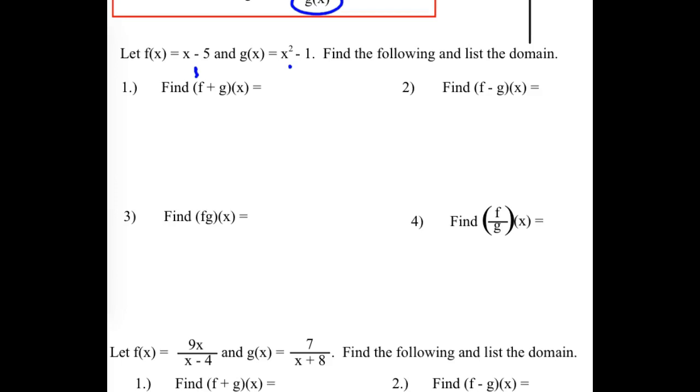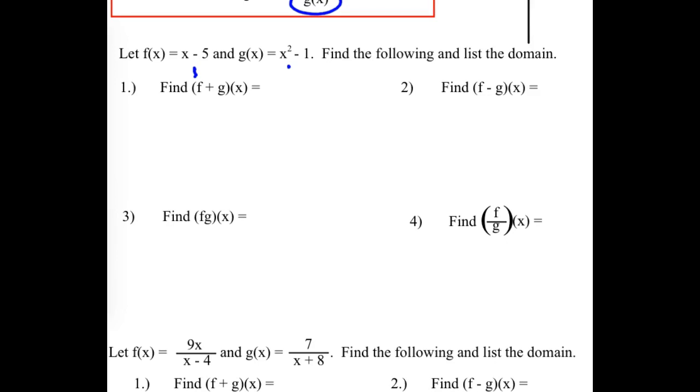Okay? This says I want to add the two functions together. And you can leave the x off if you want. You don't have to put it in there. Just I'm adding f and g together. So I'm going to take x minus 5 and I'm going to add to it x squared minus 1. Okay? All I want you to do here is simplify what you can.